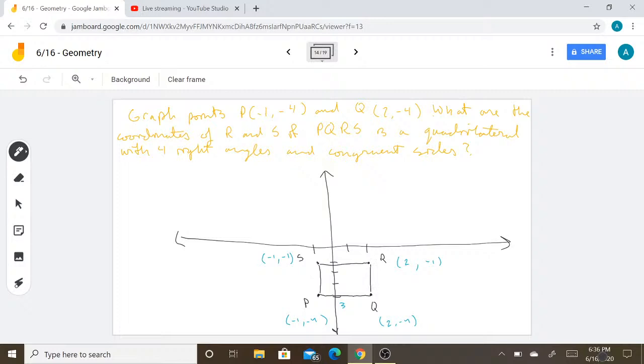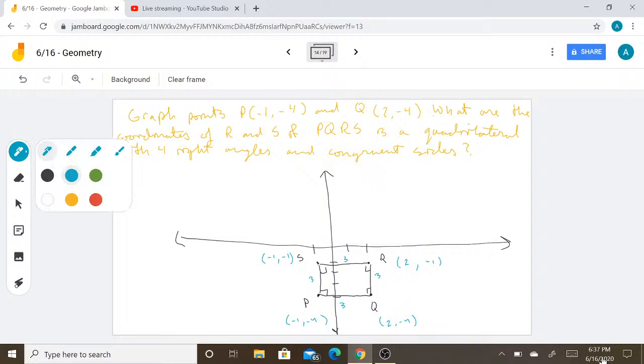And this creates perpendicular lines, so we have right angles. And every single side is equal to 3 units in distance, so every side is congruent.